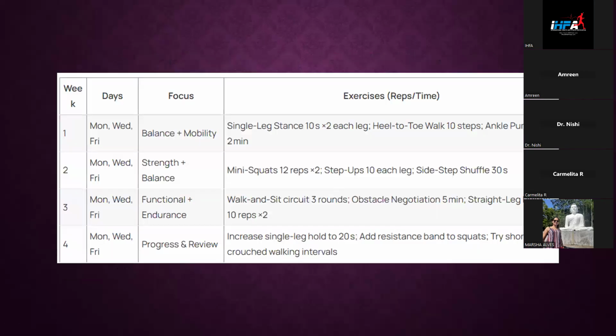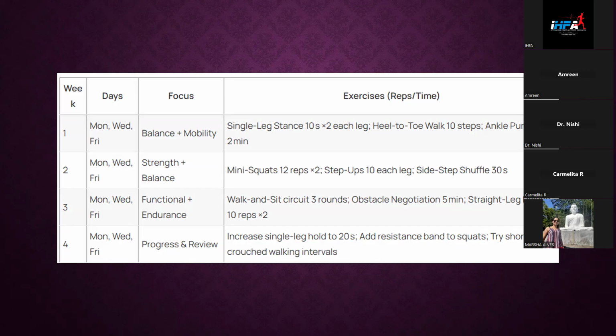So this is one of the gait cycle and balance programs which we give. This is one of the programs which I've taken from one of the research papers, where to improve the gait, first we have to focus on balance and mobility. So there are different exercises like single leg stance, heel to toe walk, ankle pumps.